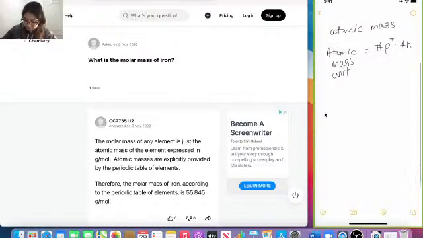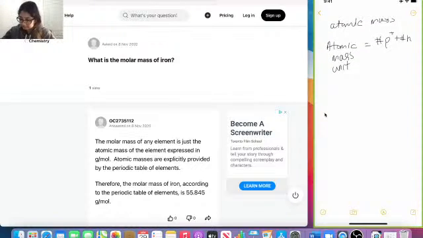And so, okay, your atomic mass of iron is given in your periodic table, and this is 55.845 AMU, so atomic mass unit.